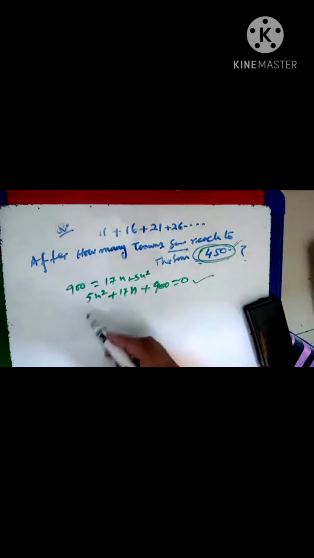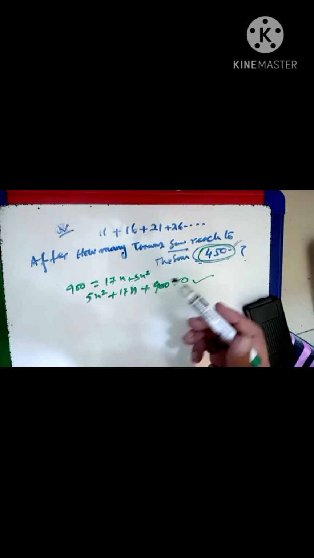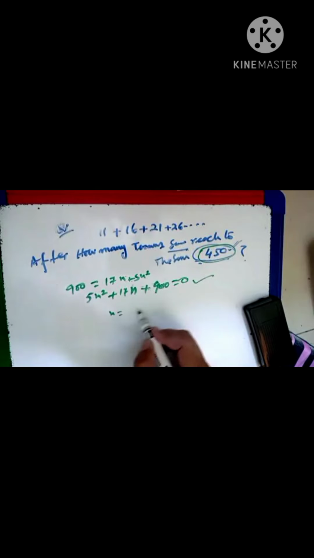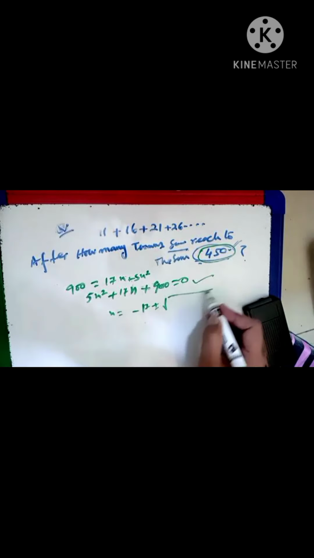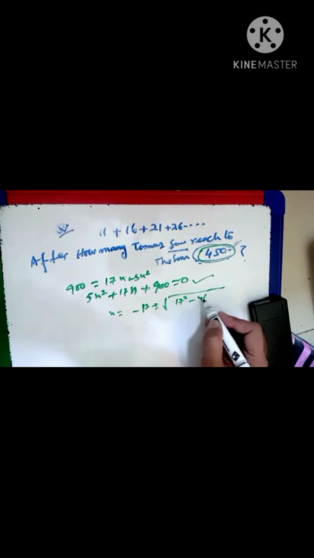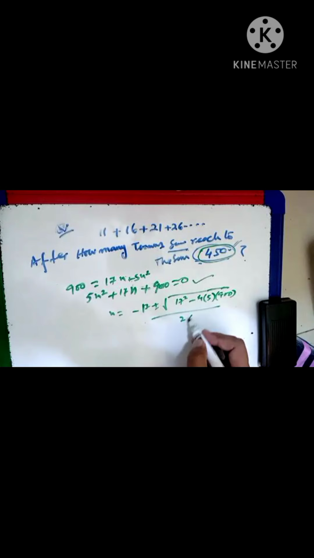So they use the quadratic equation option in the calculator also. Otherwise you can use the traditional method: minus b plus or minus root of b square minus 4ac, 17 square minus 4 times 5 times 900, over 2 times 5, right?